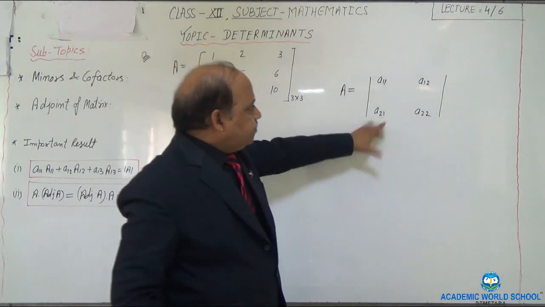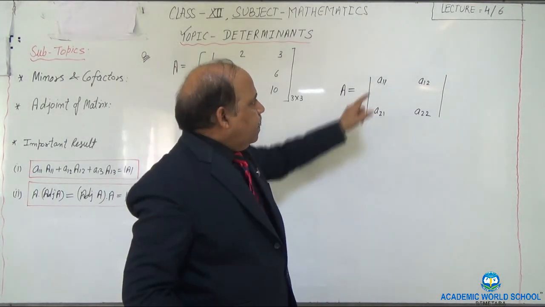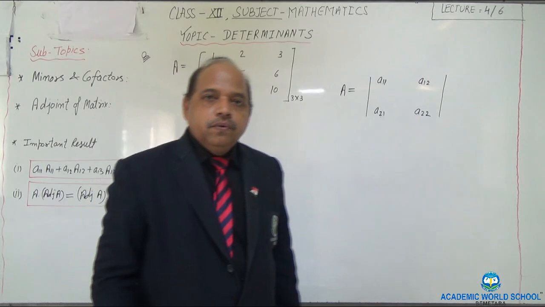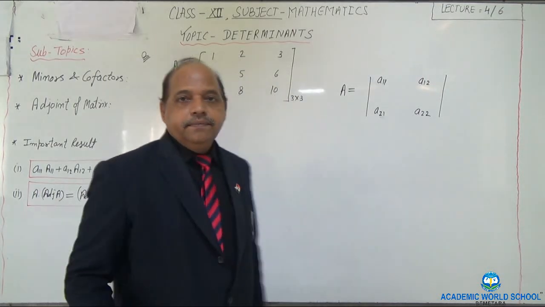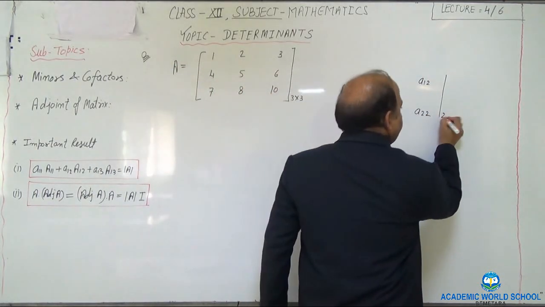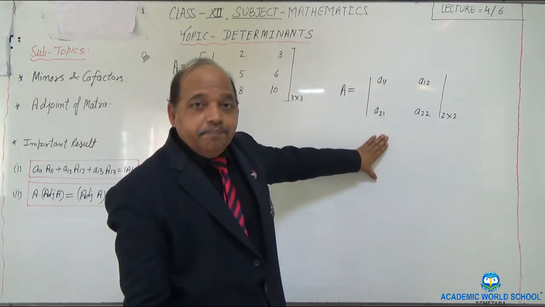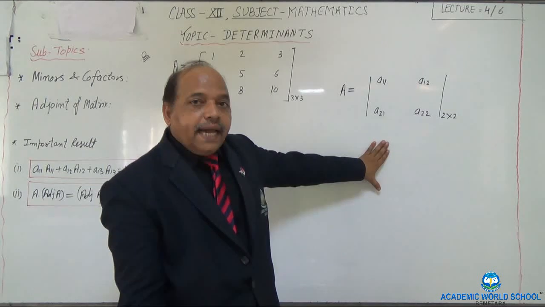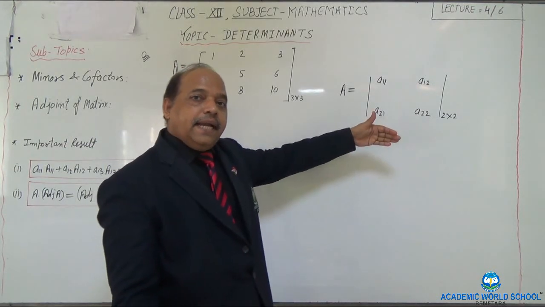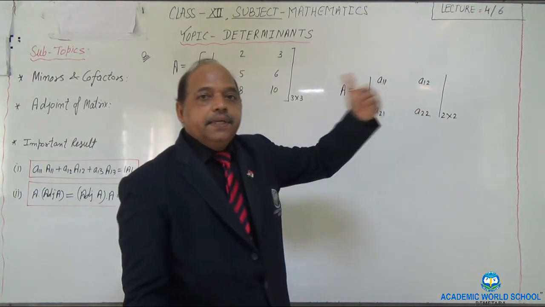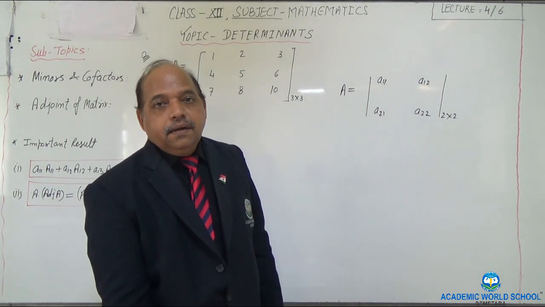This is a 2 by 2 determinant I have taken. So first we will try to understand the meaning of minors and cofactors, then we will extend the same concept in 3 by 3 determinant.